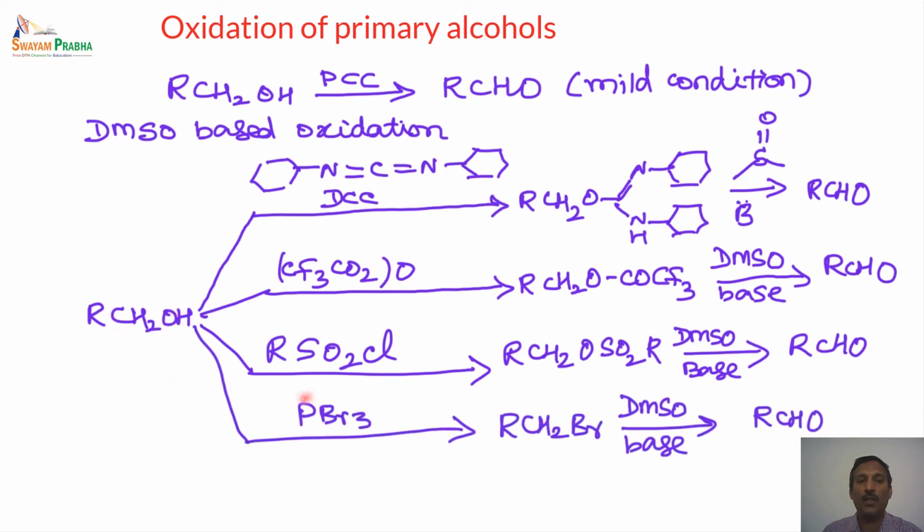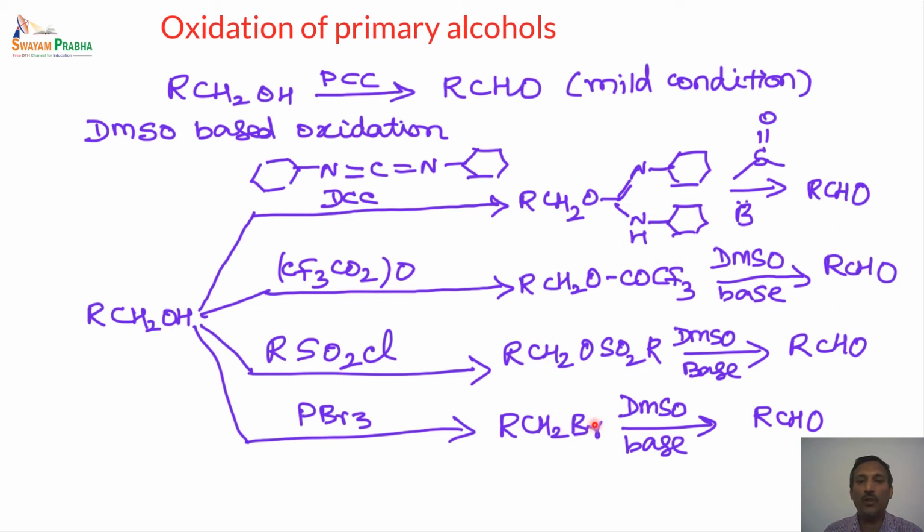Or primary alcohol can also be converted to the corresponding halo derivatives, especially in this particular case the bromo derivative with the help of PBr3, and the corresponding alkyl bromide can be treated with dimethyl sulfoxide and base to give the corresponding aldehydes. So these are all the various methods by which the alcohol can be converted to the corresponding aldehydes.